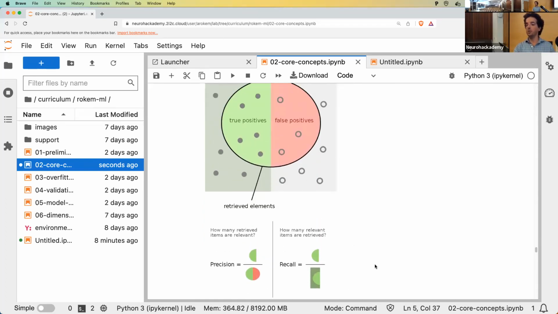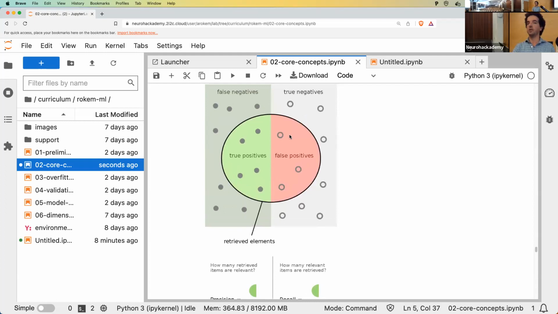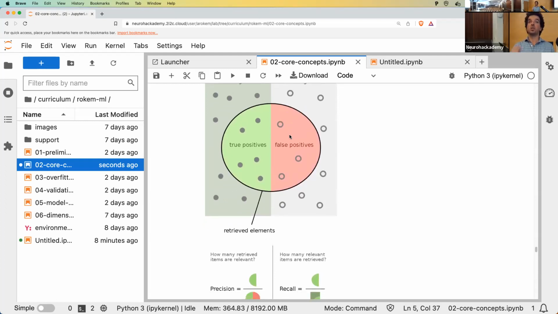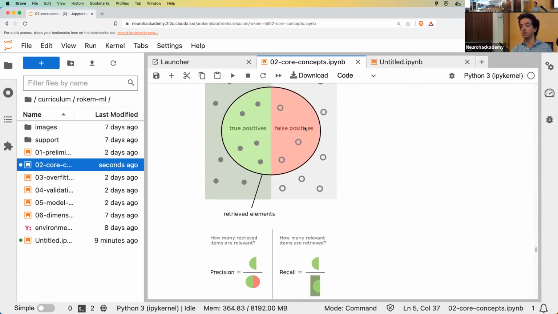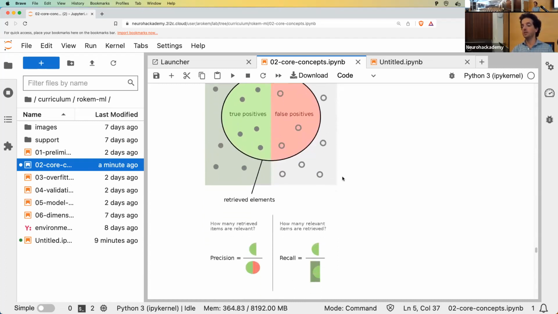But precision is really just the true positives over all of those that were classified as having autism. So it answers the question, out of all the people who were classified as having autism, how many do have autism. And recall is, out of all the people who actually do have autism, how many were classified as having autism. And those are two slightly different numbers.